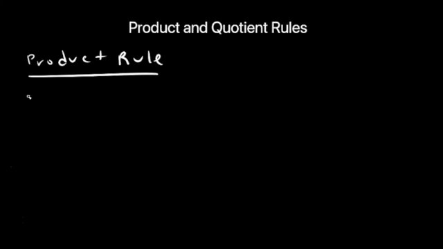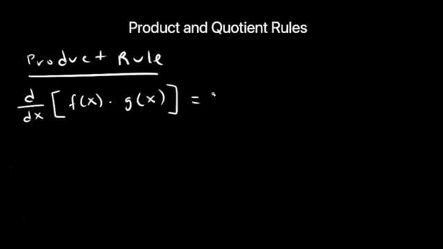So this rule states that if we have to find the derivative, which is d over dx, of a function f of x times another function g of x, then to find that derivative, all you have to do is find the derivative of the first function and multiply it by the normal second function, and this will be one part of our process.